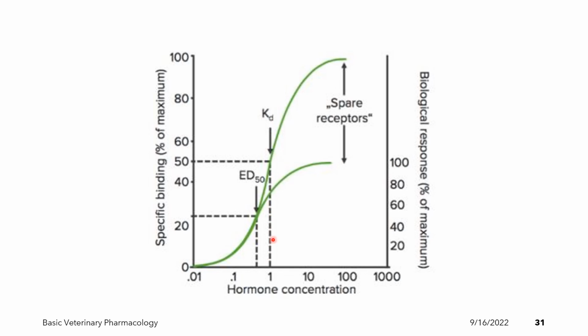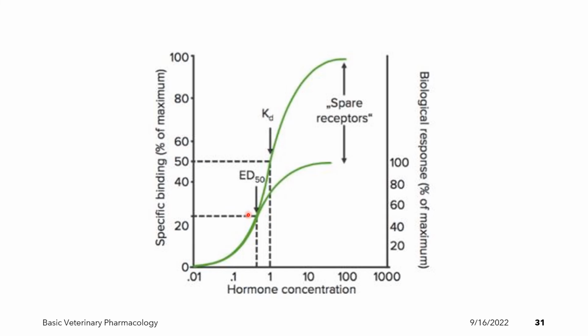So at a dose of 1, maximal effect of the drug is already achieved, meaning that the proportion of the spare receptors is represented in this line here. So 50% of the receptors are still unoccupied, and the drug has already achieved its 100% or its maximum effect.